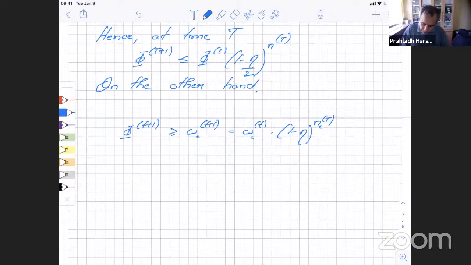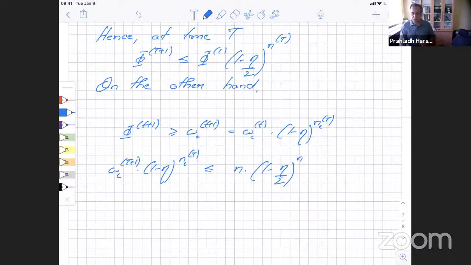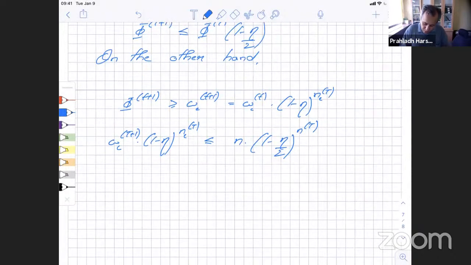So 1 minus eta to the power nit is less than or equal to n times 1 minus eta by 2 to the power n of t. So once again, how do I write this?